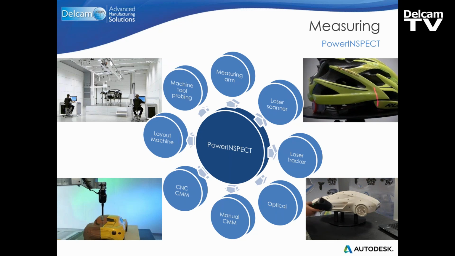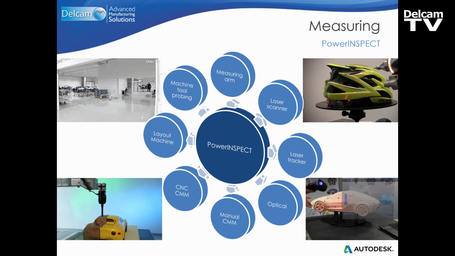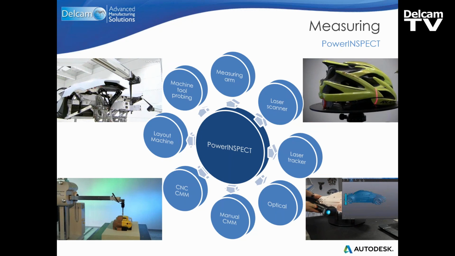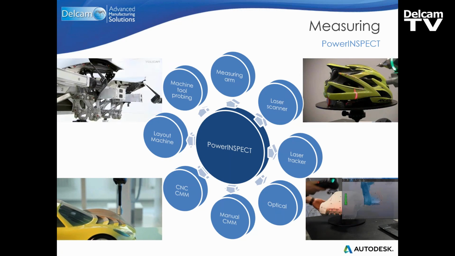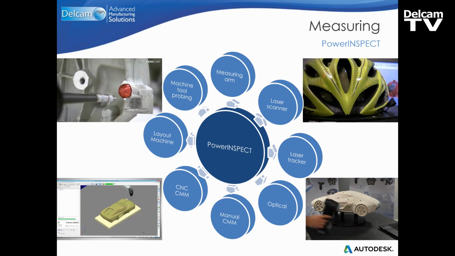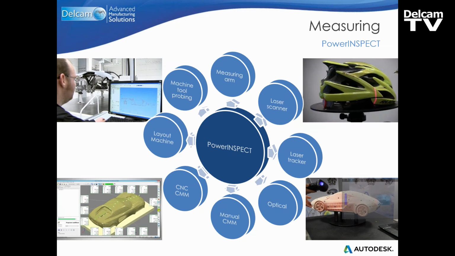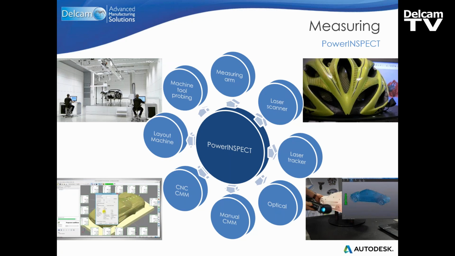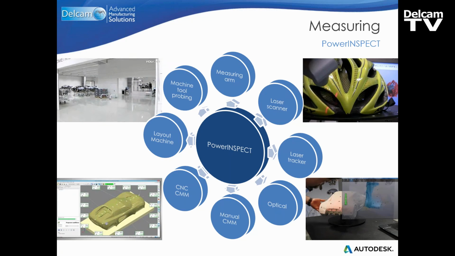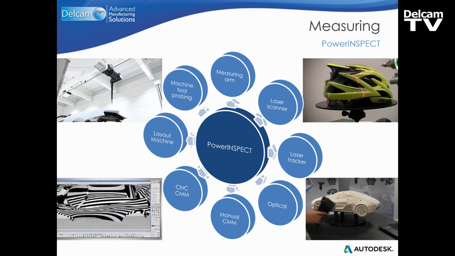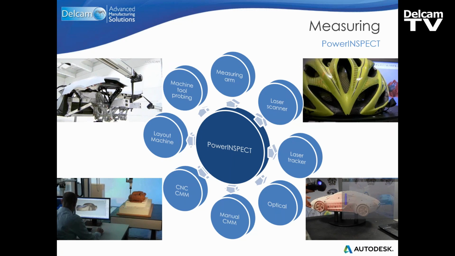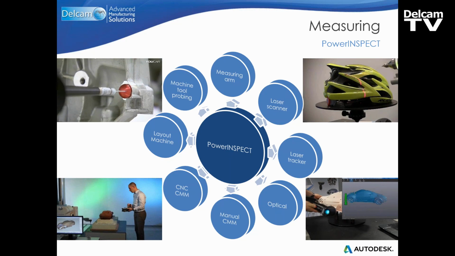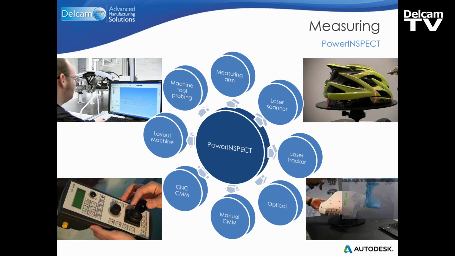In addition to that, we might be looking at large volume metrology, and we can work with laser trackers from companies like Leica and Faro again, and from API. In addition, in that large volume metrology arena, PowerInspect can connect to optical devices from Metronor, and of course we work in the inspection room on manual CMMs and CNC CMMs.